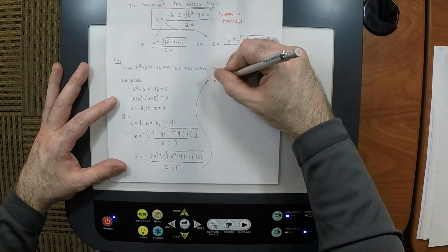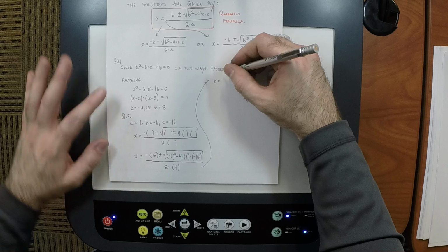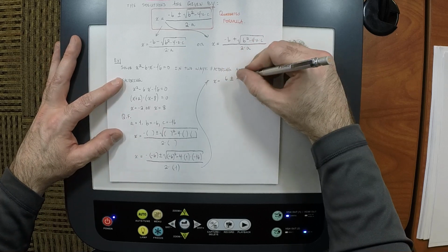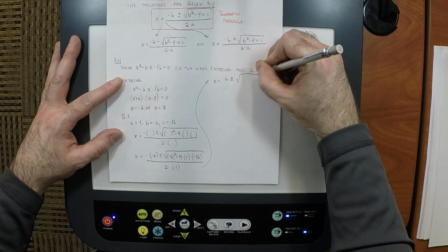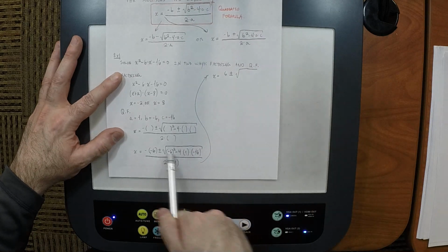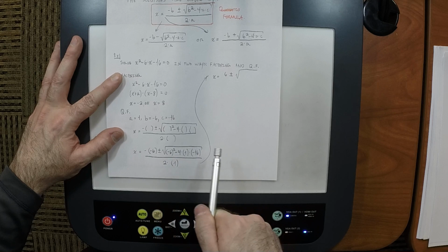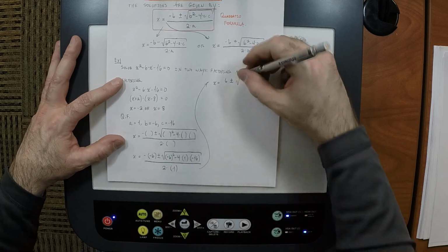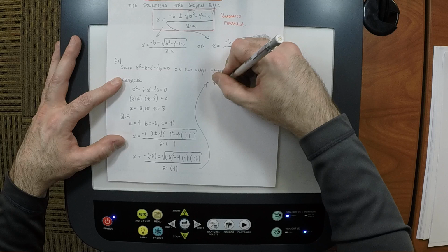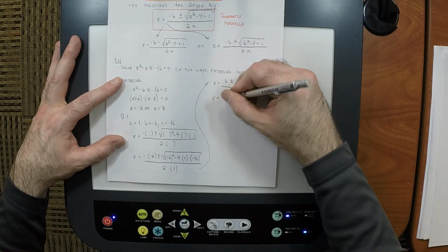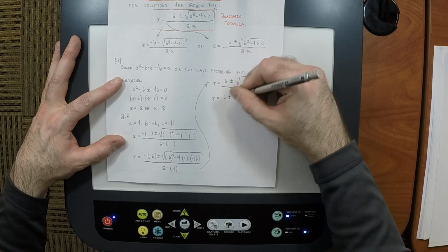So that'd be x is the negative 6 becomes 6, and then plus or minus square root. And then if you carefully do that, that's 36 minus negative 64. So 36 plus 64, that's 100 over 2. Of course, the square root of 100 is 10, so this is 6 plus or minus 10 over 2.